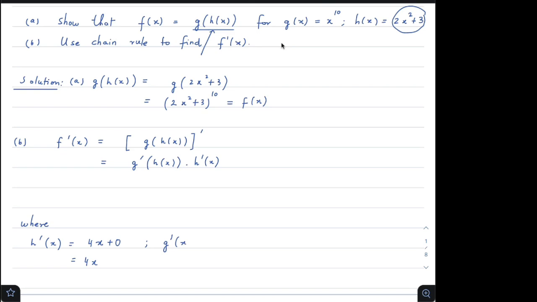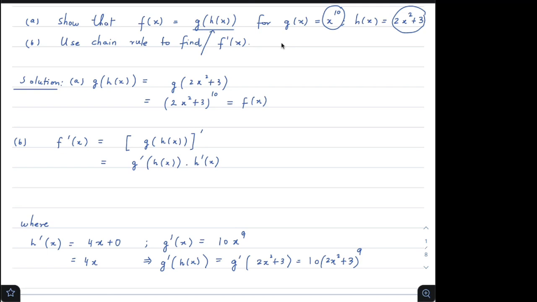Note that g prime of x will be the derivative of x to the power 10, which using the power rule is 10x to the power 9. As a result, g prime of h of x would be g prime of 2x squared plus 3, which is the same as 10 times 2x squared plus 3 to the power of 9.